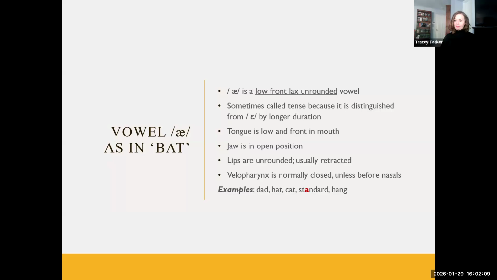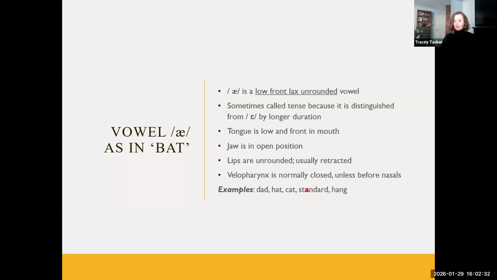It can be distinguished as tense. I just want to mention something else, because I had mentioned before that pure vowels are represented by one symbol and diphthongs by two symbols. This may look like it's two, but it's actually just supposed to represent one symbol. So don't let that trip you up. This is one of the pure vowels.